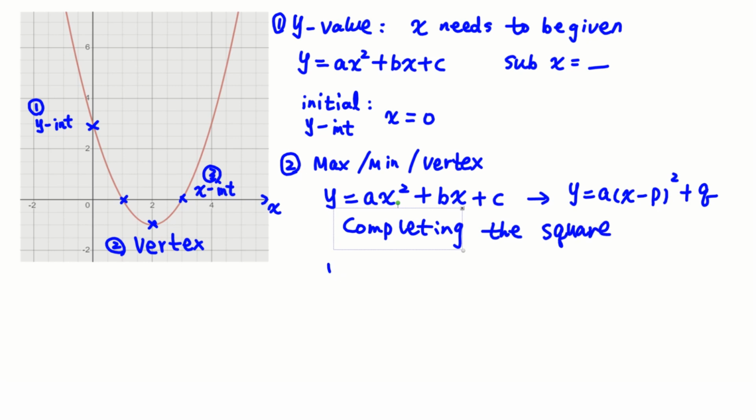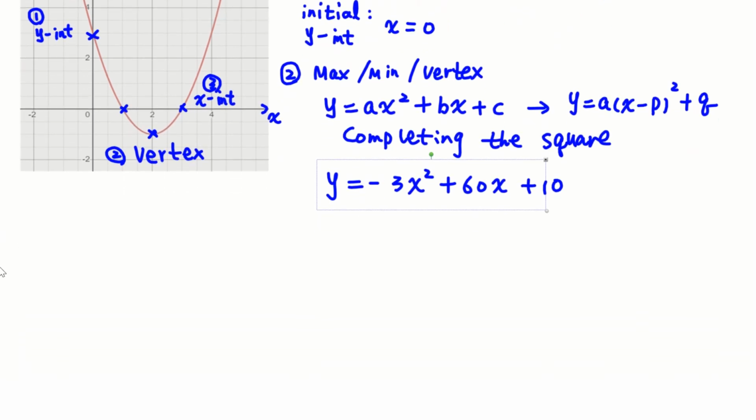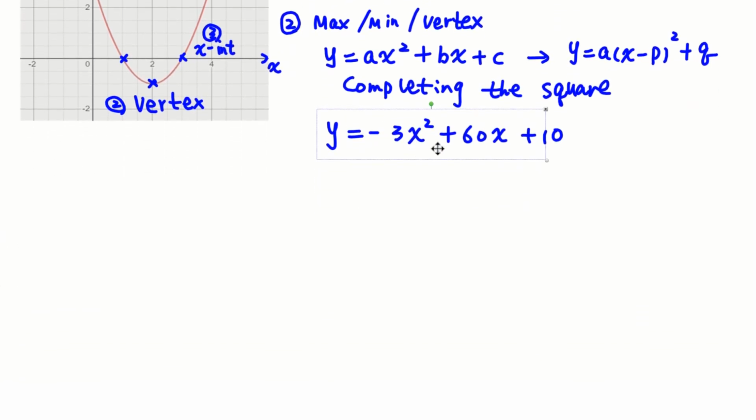For example, if we have y equals negative 3x squared plus 60x plus 10, and it asks you for the maximum or minimum value, then what you are going to do is convert it to vertex form.